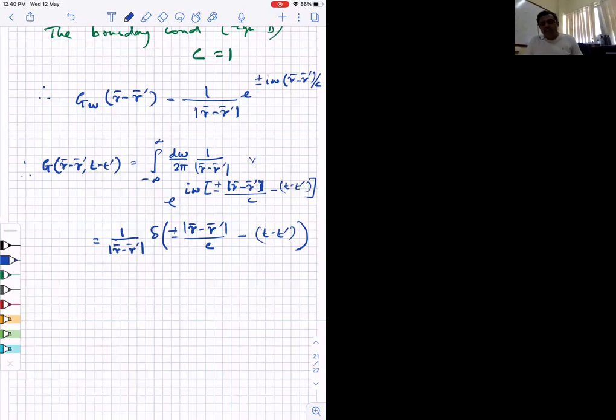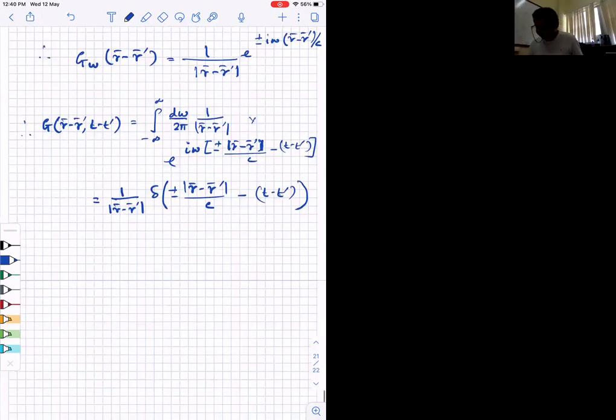This g, as you can see, this four-dimensional Green's function, is non-vanishing only for a specific connection between t and r.